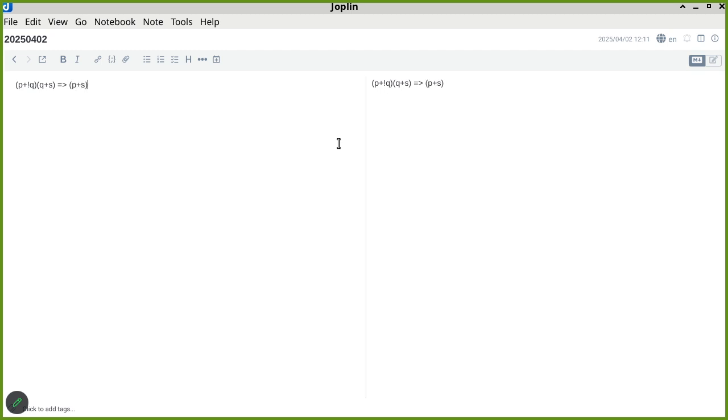Can everybody see how I just applied resolution? But this time, every component is just either a variable or the negation of a variable. Are we good with this?